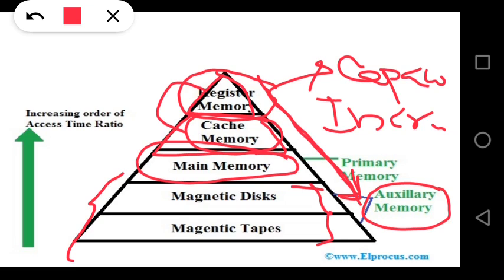The capacity of main memory is greater than the capacity of cache memory. So likewise, when you go from top to bottom, the capacity of different memory elements is getting increased.